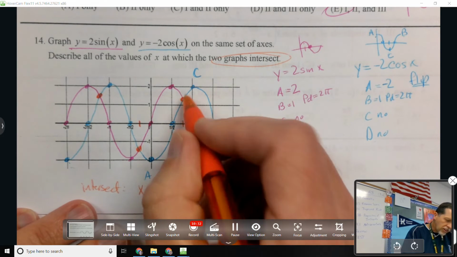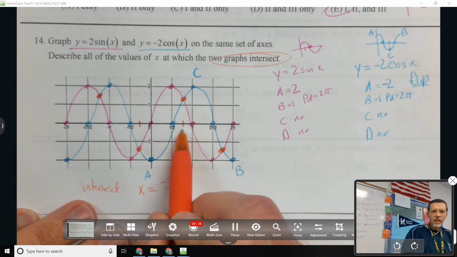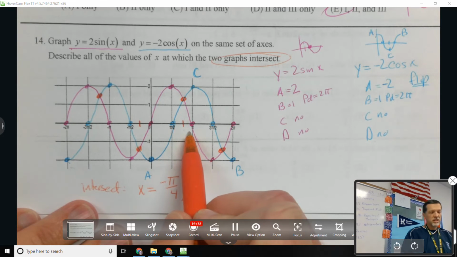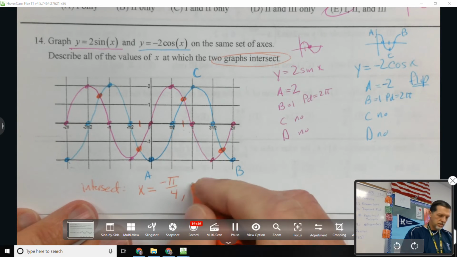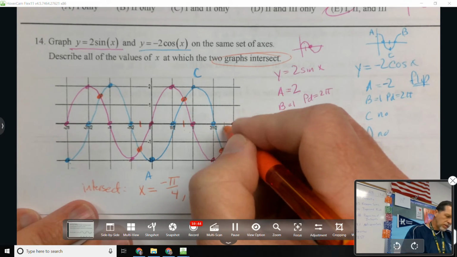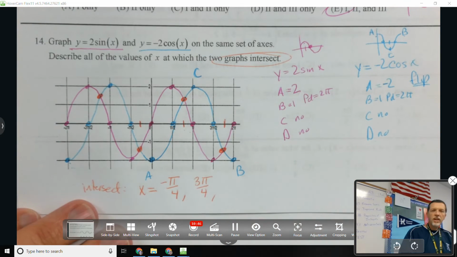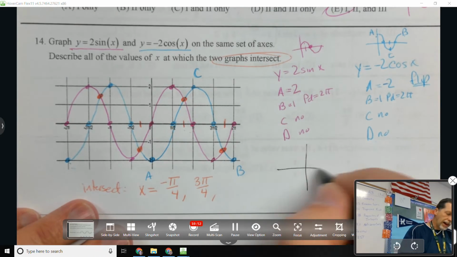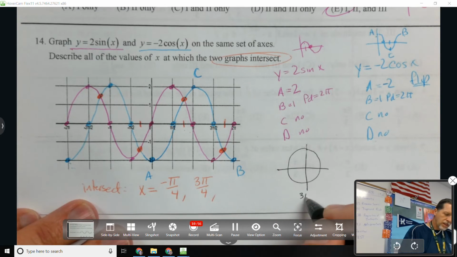Another intersection is right there. What's in between pi over 2 and pi? 3 pi over 4. Then way over here, in between 3 pi over 2 and 2 pi, I'm at least thinking in my head, and maybe it helps to even draw it out. 3 pi over 2, 2 pi.